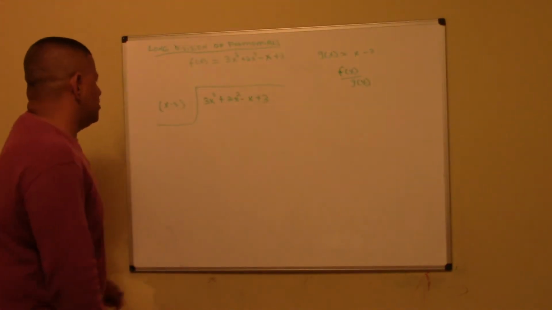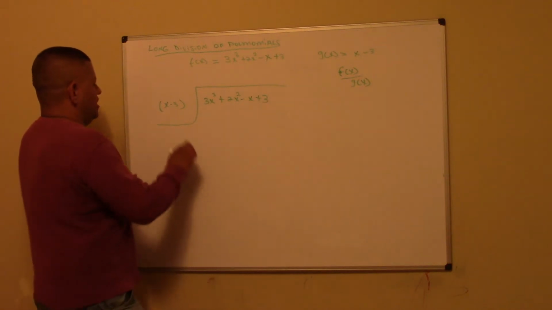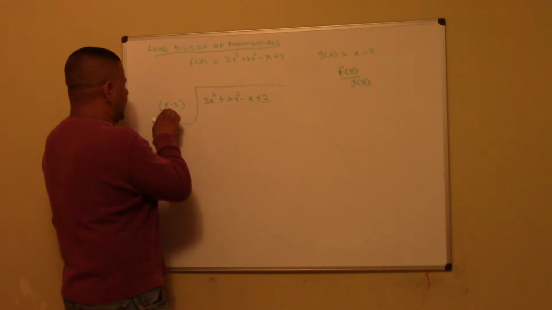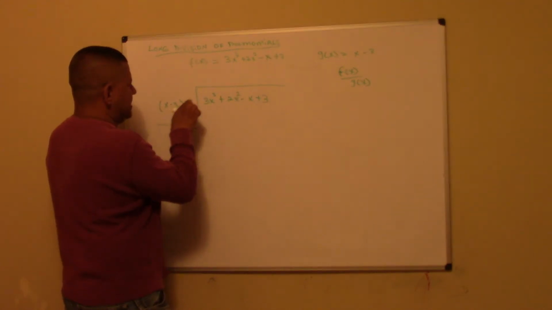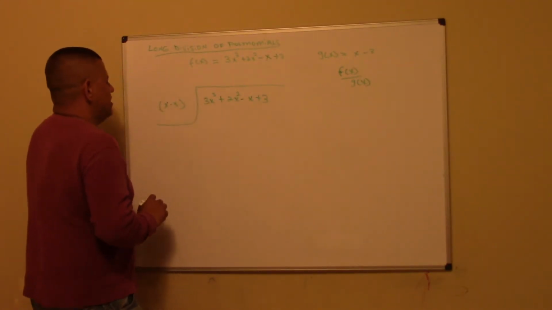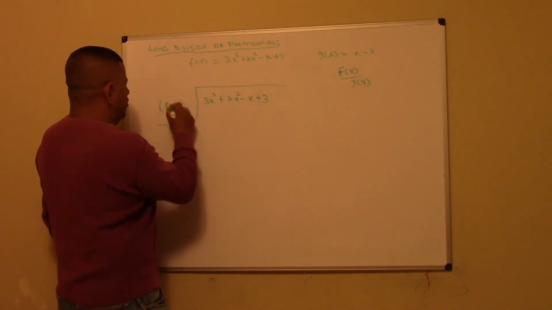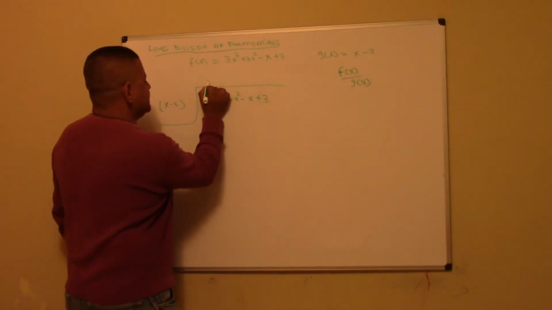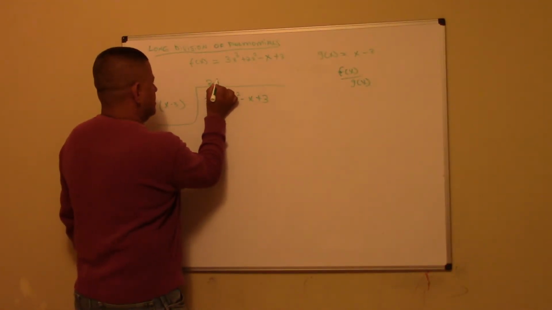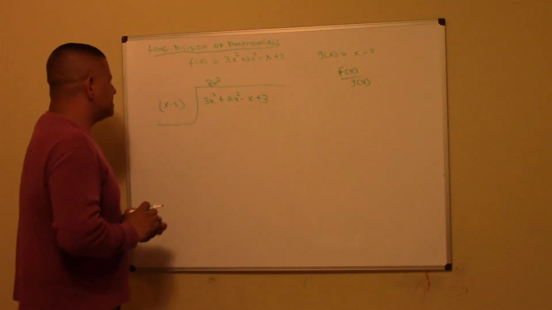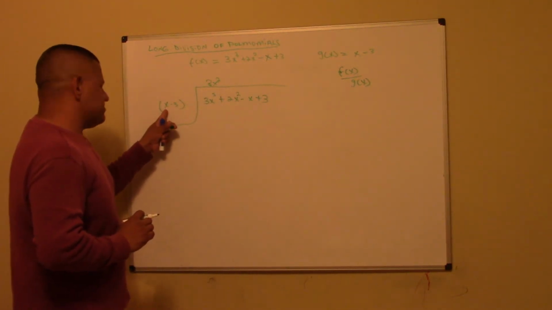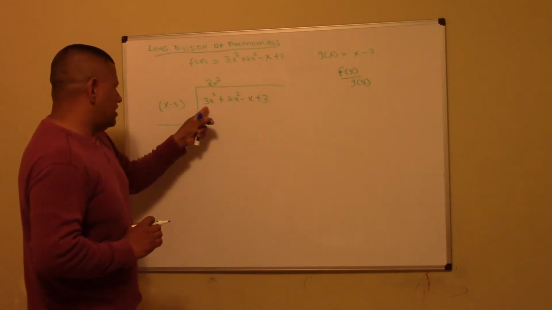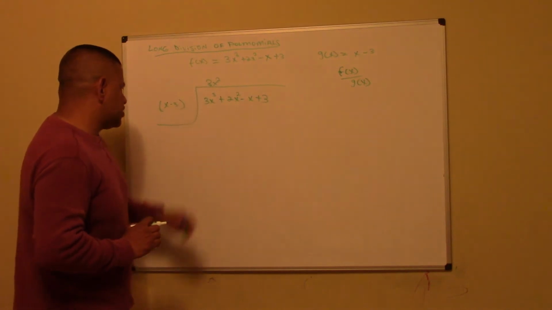Okay, so now let's do this. What number do I multiply x by to get 3x cubed? The only number that will give me 3x cubed is 3x squared. X times 3x squared gives me 3x cubed.